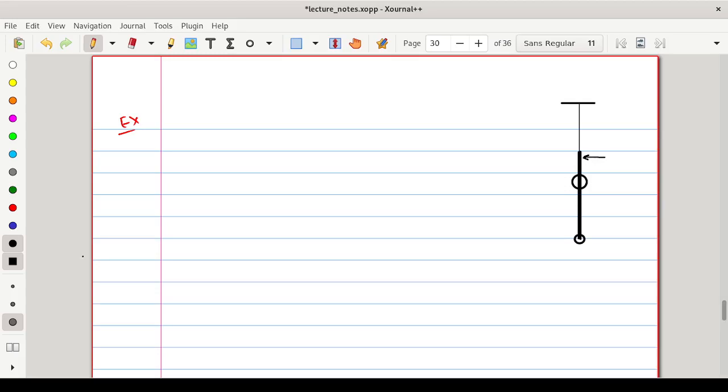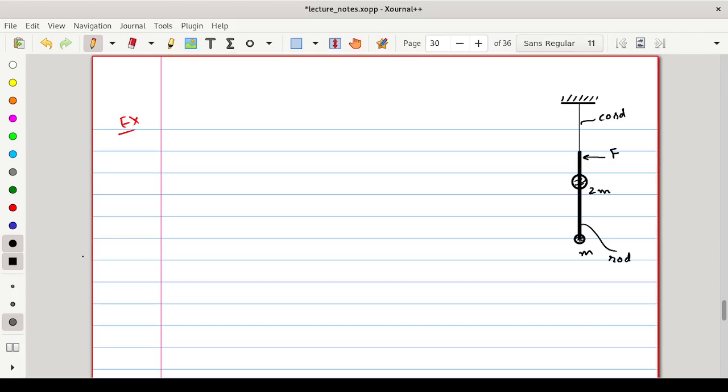Initially this system is at rest. This is the support, this is the cord, and this is a rigid rod. This mass is 2m, this mass is m. Now a force F is applied to the system.